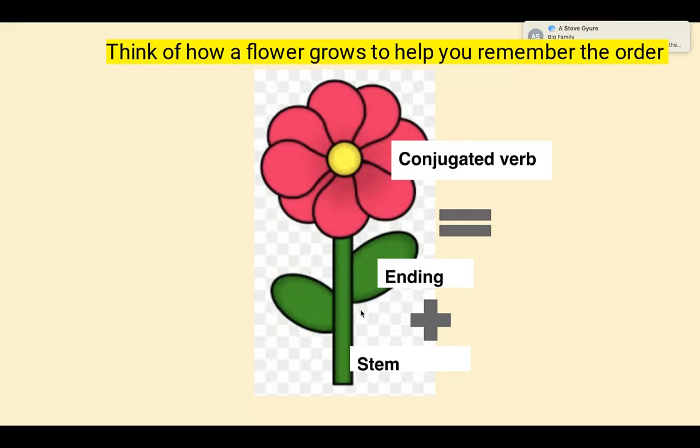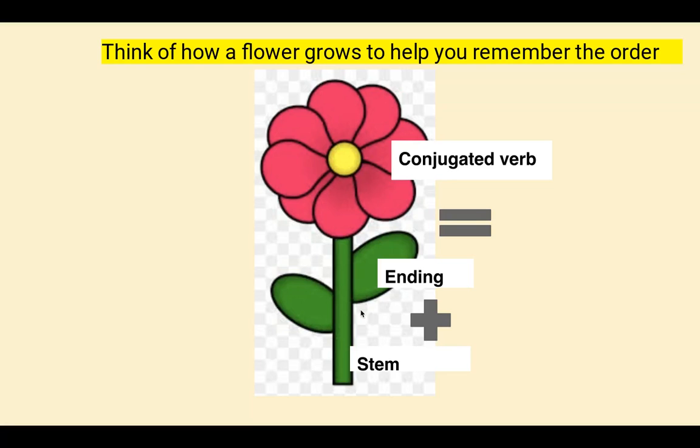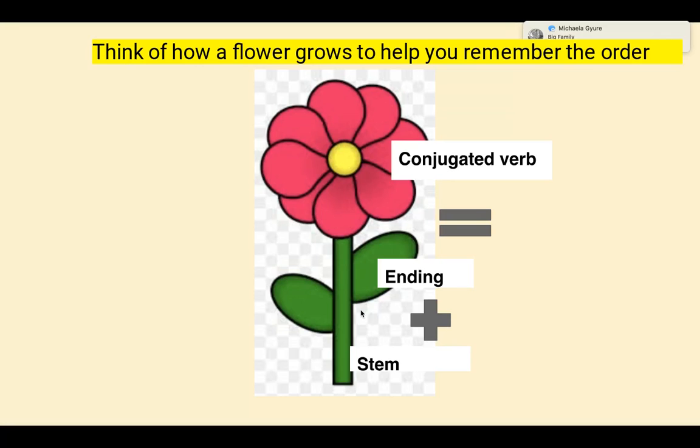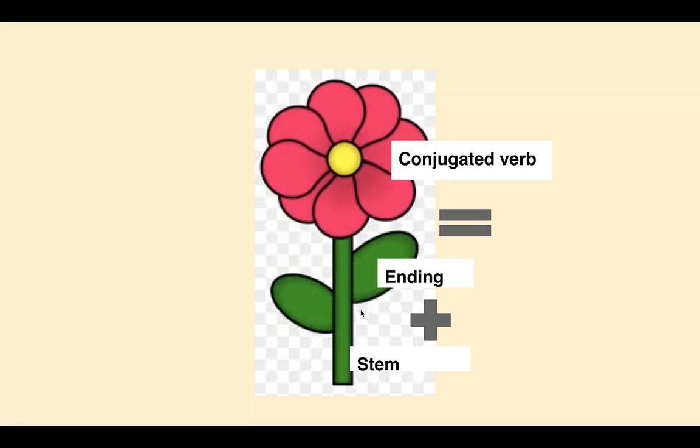Verbs are like flowers. You have to start at the bottom, the stem. You add your ending as it grows, and that gets you your conjugated verb. So if you think about it in this form, you can remember stem, ending, conjugated form of the verb. Might be a visual that can help you.